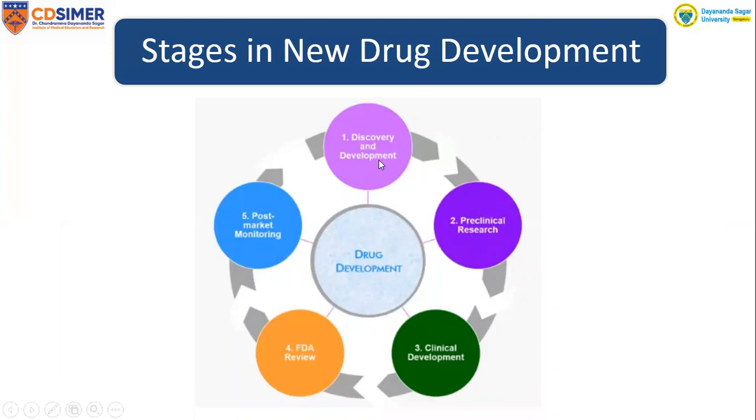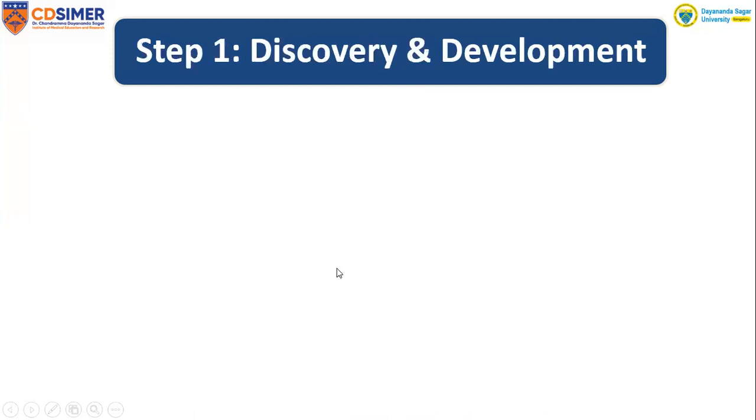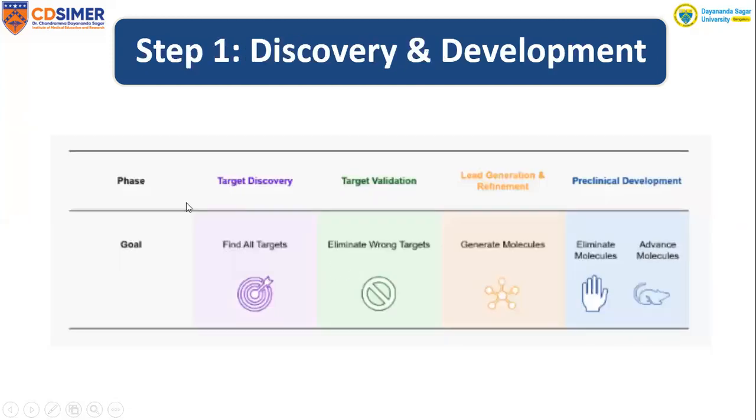Once the drug is discovered and developed, it will get into preclinical stages, and then it gets into the clinical stage, and then it will be reviewed and allowed for marketing. Now, I think I have explained that different phases will have different goals.